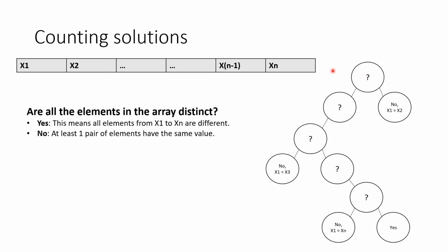But if the answer was no, then we will do some more questions until we can finally get to a solution and either report a yes or a no to the big question. Note that we report an answer once we reach the end of a branch, or in other words, if we reach a leaf. So the question is, how many leaves do we need?